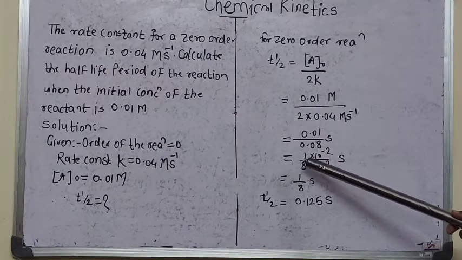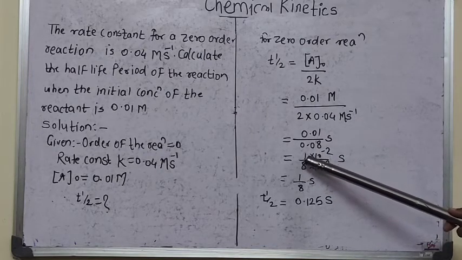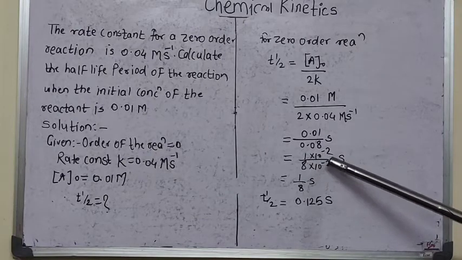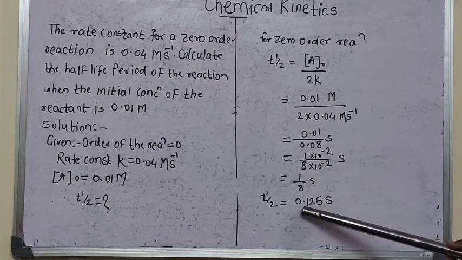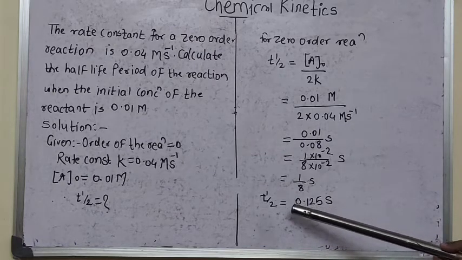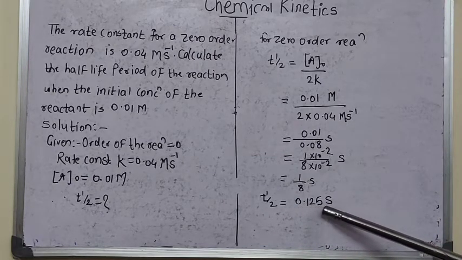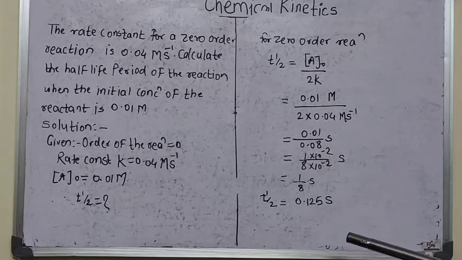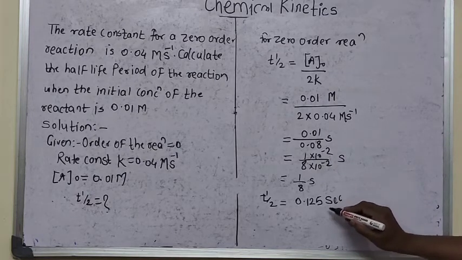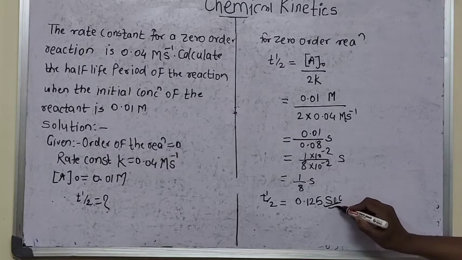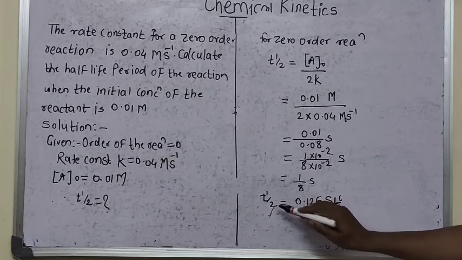Solving this one, we are getting 1 upon 8 into 10 to the minus 2 into 10 to the minus 2 seconds. This gets cancelled, leaving 1 upon 8. So the value of t1/2 is equal to 0.125 seconds. This is the value in seconds for the t1/2.